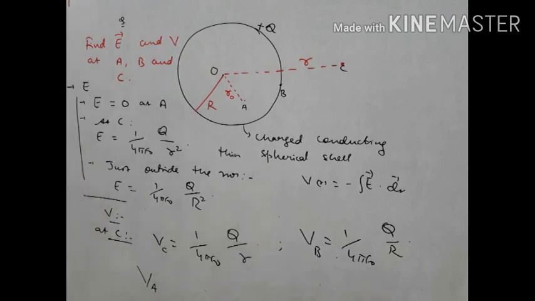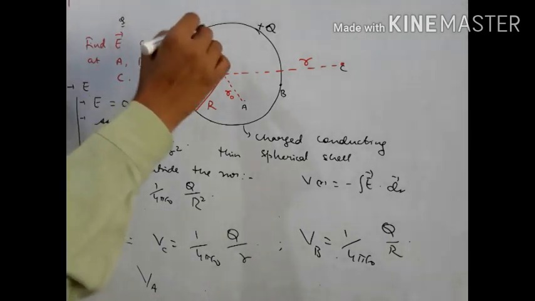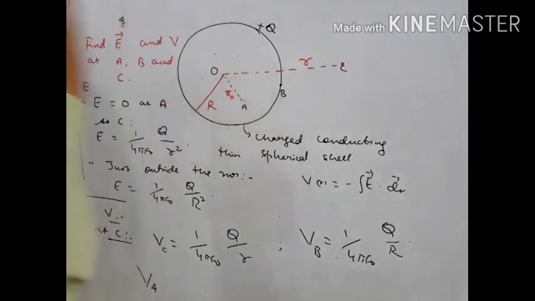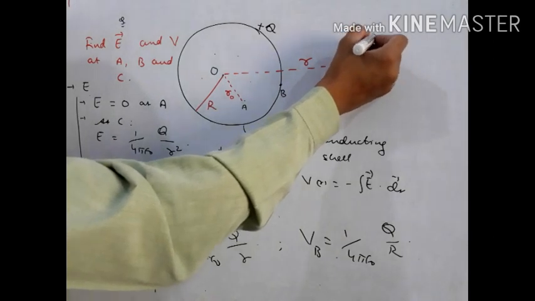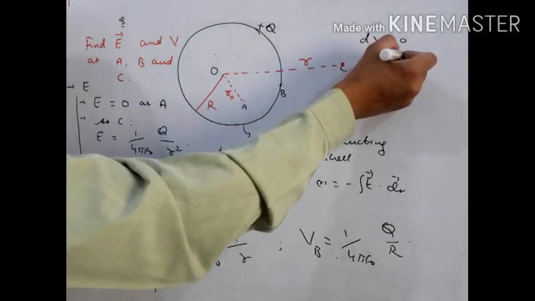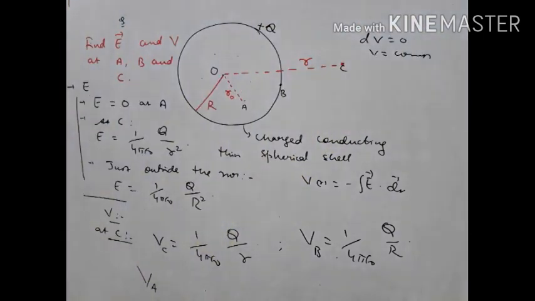In the properties of electrostatics of conductors, we discussed inside a conductor at all the points we find E is equal to 0. Since E is equal to 0, dV is equal to 0, and since dV is equal to 0, V is equal to constant. So we have discussed that potential at all the points inside a conducting surface or inside the cavity will be constant and will have the same value as on the surface.